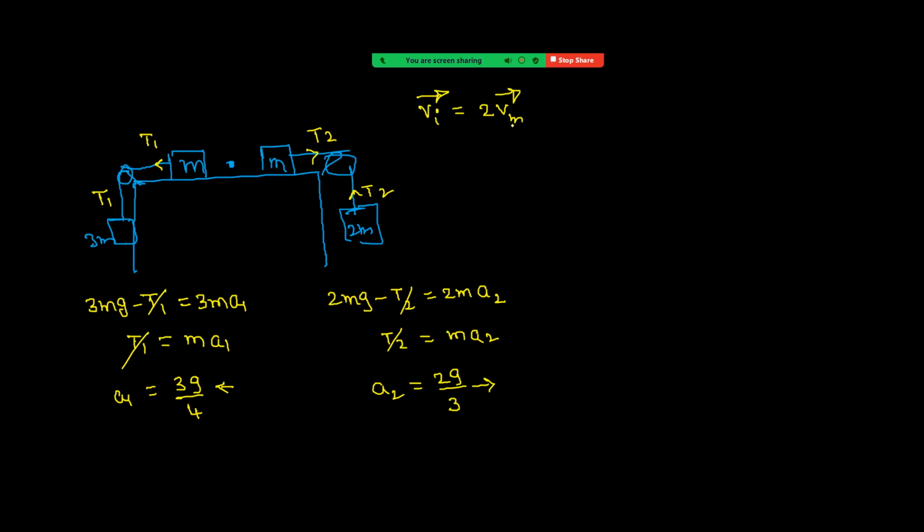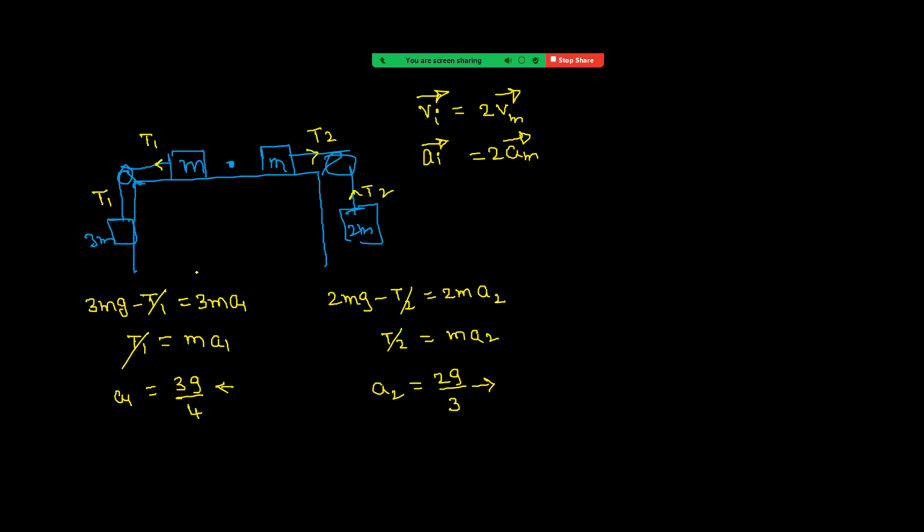This is what we have learned in earlier lectures. That means if I differentiate this, I will get the acceleration of the image is equal to twice the acceleration of the mirror. So here the object is not moving and the mirror has velocity normal to its surface.